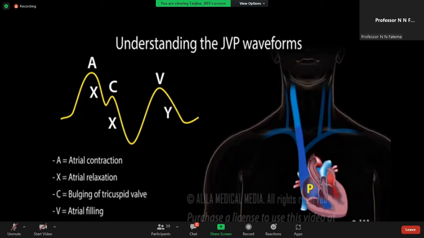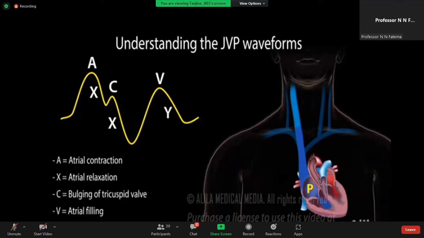Then why is there V? V is again a positive wave, and for easy remembrance, you can say that it happens prior to the opening of the tricuspid valve. Before the opening of the tricuspid valve, the atrium is filled with all the venous return from the superior vena cava and inferior vena cava. The atrium is now in diastole, and a lot of blood is rushing inside the right atrium.